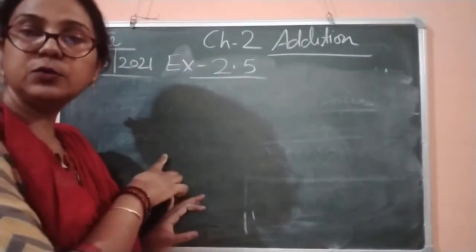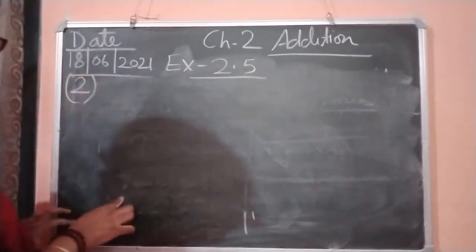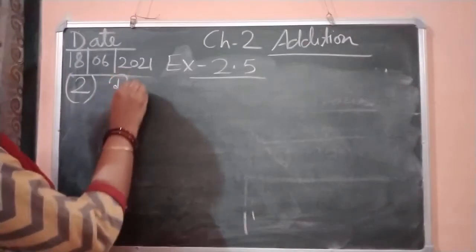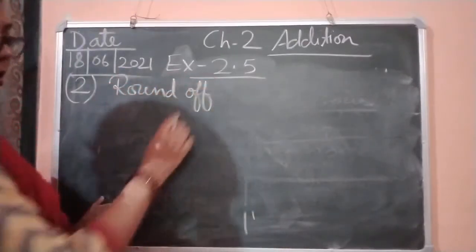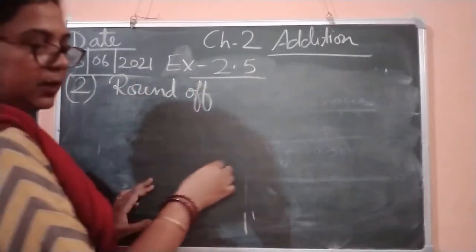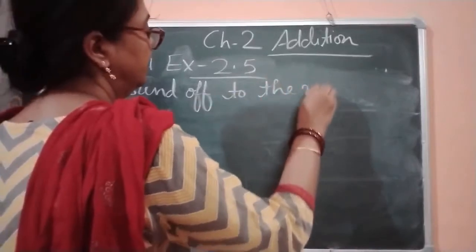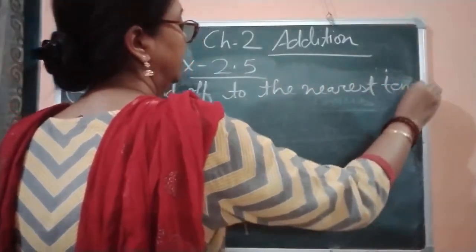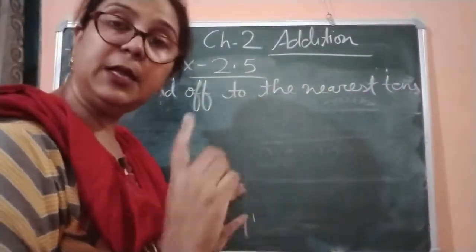Now we are going to do the second question, which is based on rounding off. The question is: round off to the nearest tens.